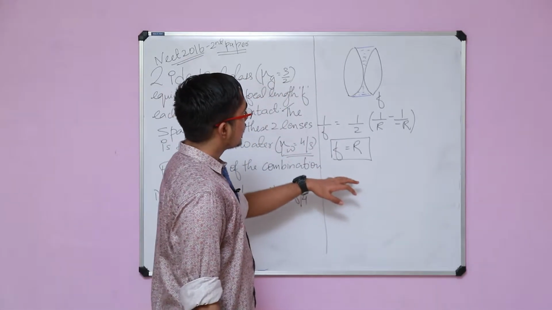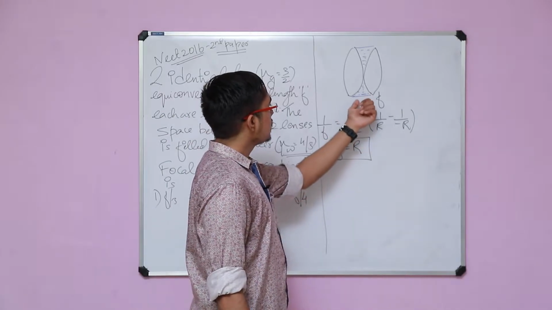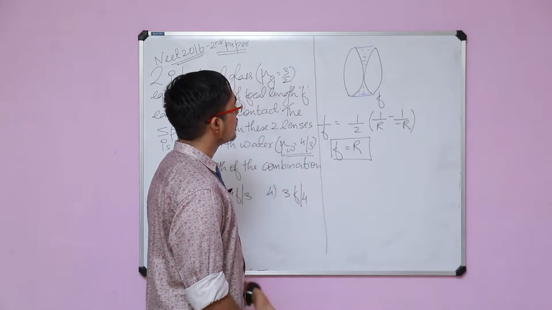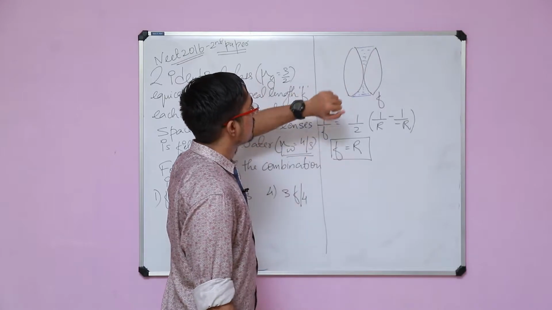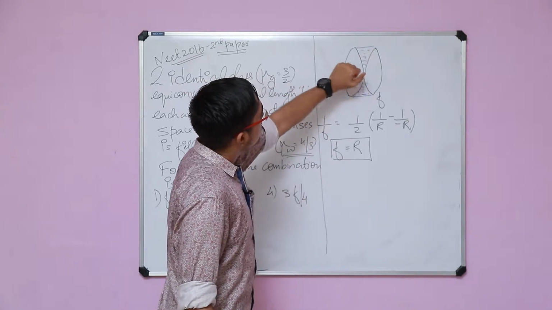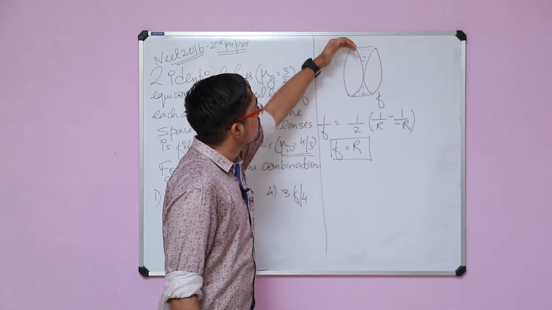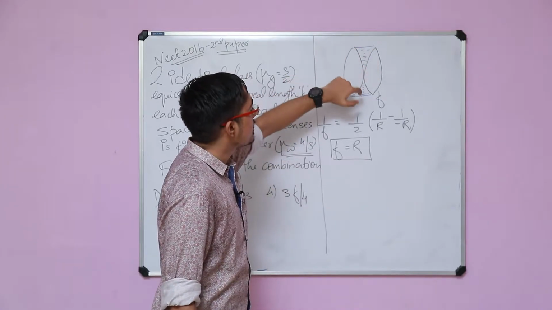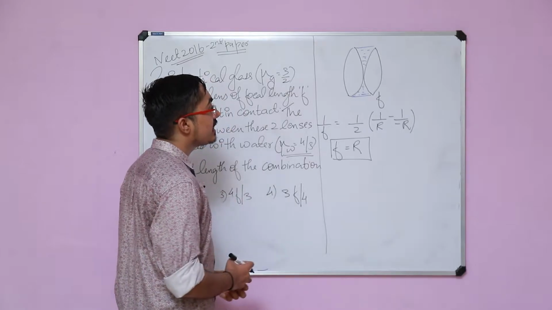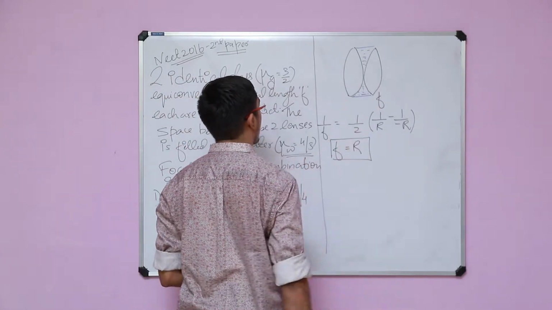Now we calculate the focal length for the water, the lens created by the water, which is a biconcave lens when placed inside the area bounded by these two convex lenses.